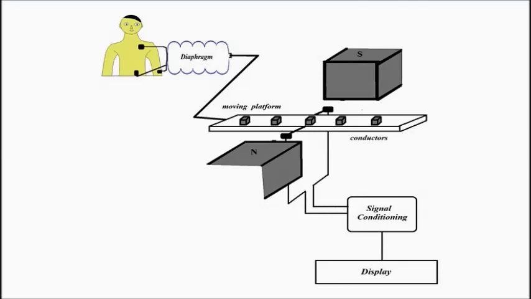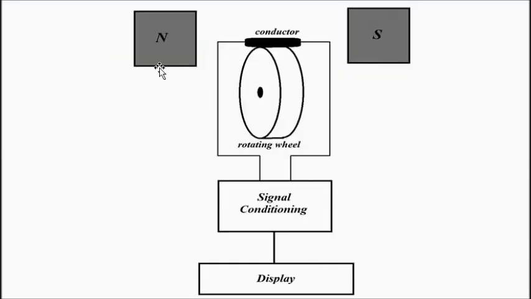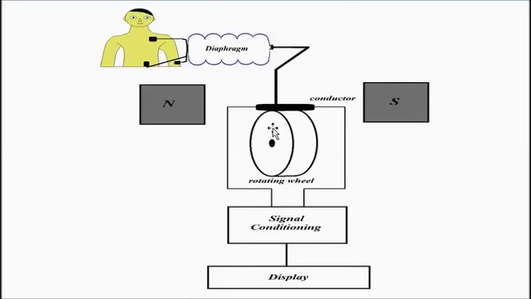The rotating magnetic encoder setup consists of the same permanent magnet producing a magnetic field, but here, instead of a straight moving platform, we have a rotating wheel on which a conductor is connected. This rotating wheel is connected to one end of the diaphragm, and the other end is connected to the body part.